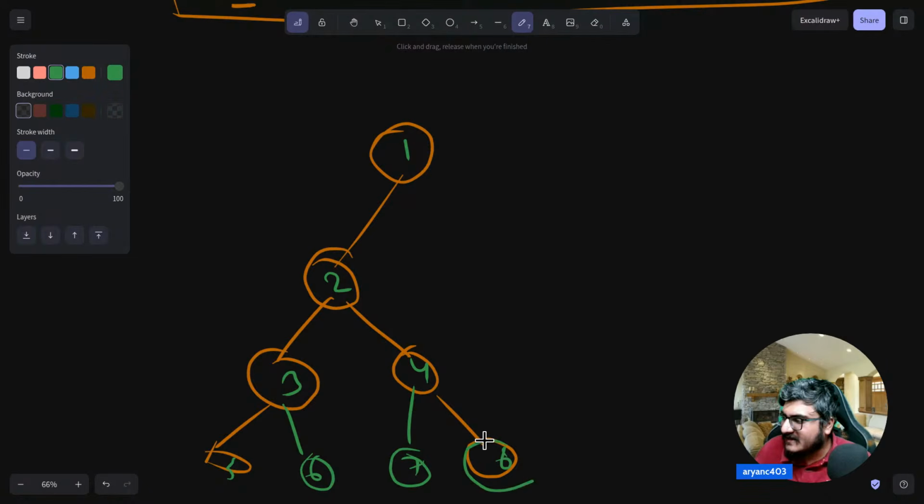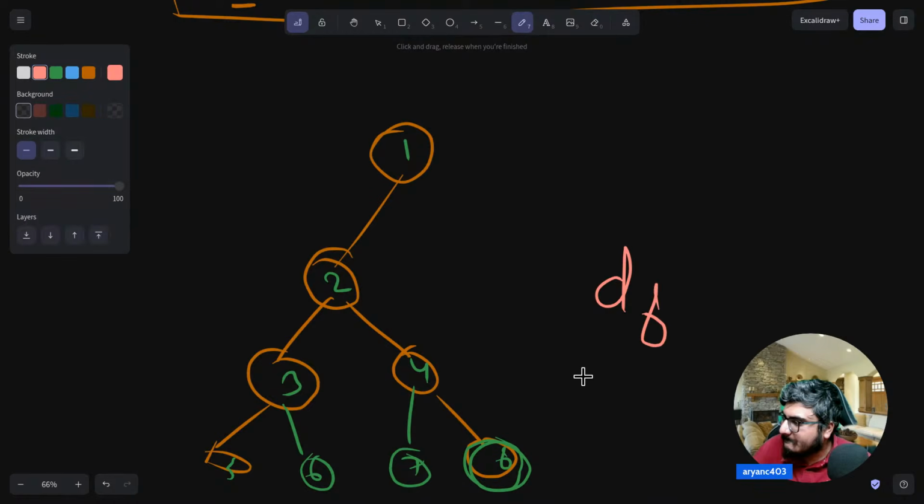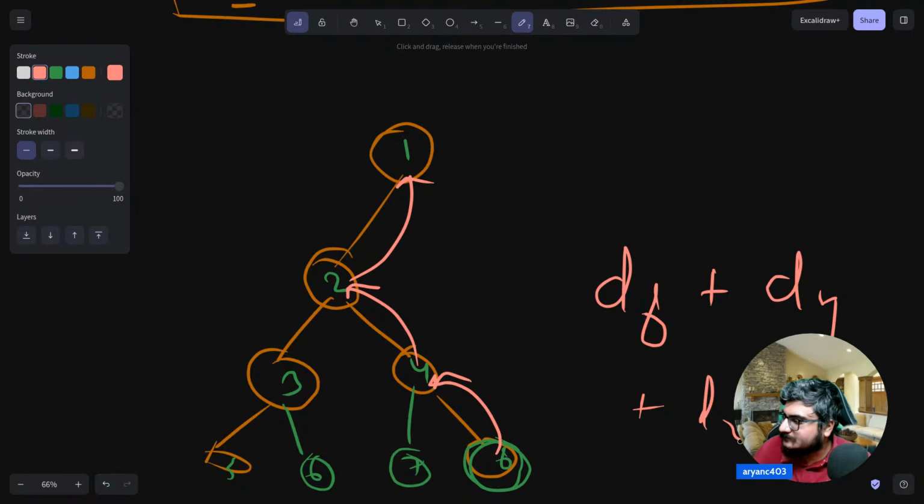If you start at 8, then you will take d8 time to go to the parent of 8, which is 4. Then you will take d4 time to go to the parent of 4. Then you will take d2 time to go to the parent of 2. And then you will take d1 time to go to the parent of 1.